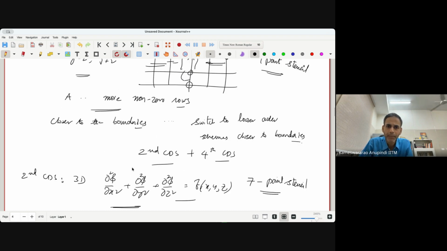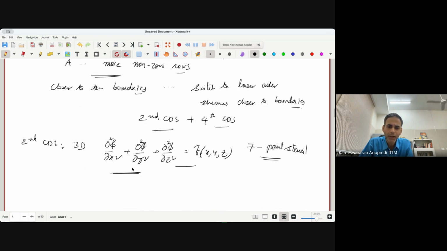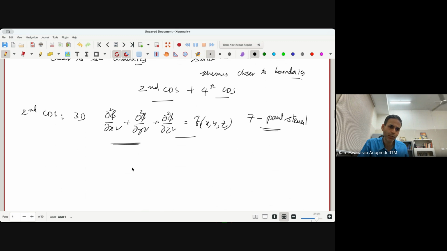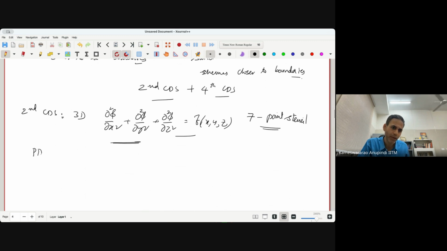Okay, so all these are fine, but what happens in reality is that when you deal with partial differential equations, especially elliptic PDEs, the number of degrees of freedom, that means m by n, will come out to be very large. You're probably dealing with millions of points or so.